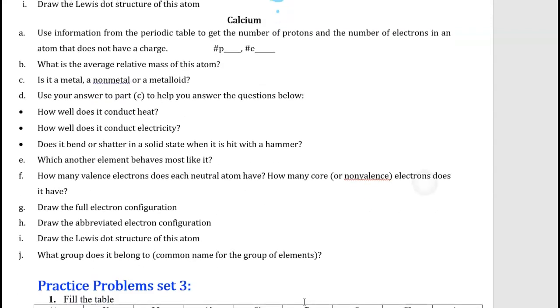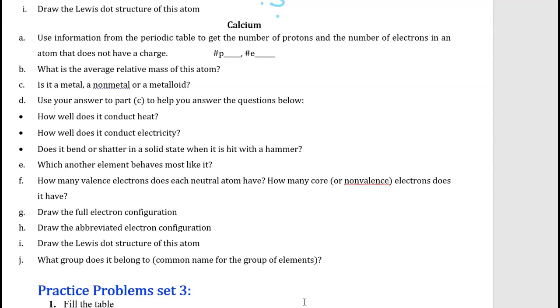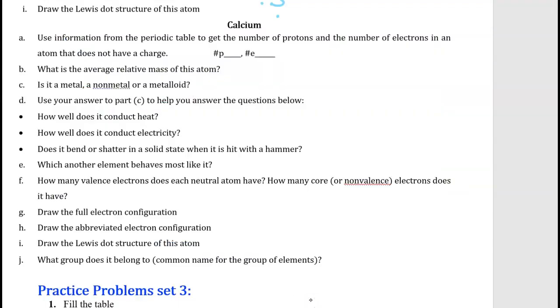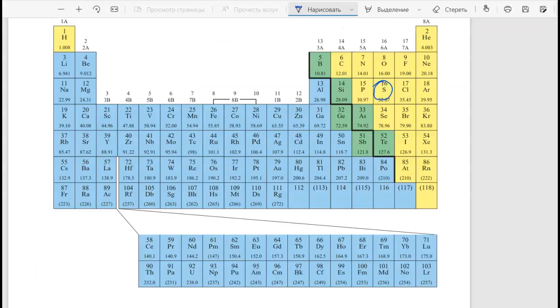The next element is calcium. Use information from the periodic table to get the number of protons and the number of electrons, the same question. So find calcium here, its number is 20. So we write it down here, 20 and 40.8.